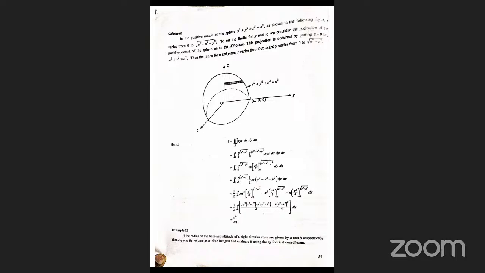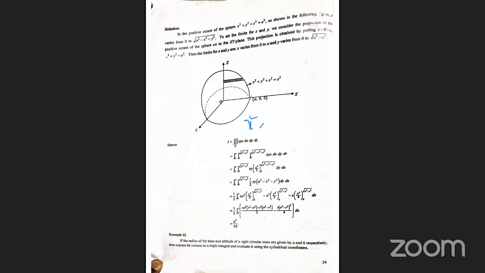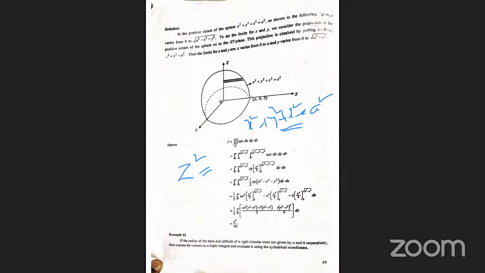So x square plus y square plus z square equal to a square. From here, z square we can write as a square minus x square minus y square.